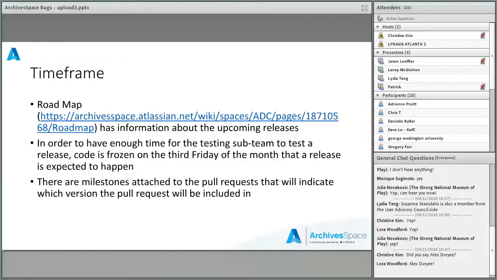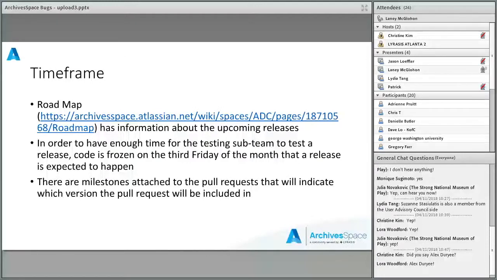So once everything's been reviewed, we have certain deadlines for each of our releases, and we try to freeze and not accept new pull requests for the next upcoming release for about 2 weeks before the release comes out. Basically, what we've been doing is releases at the last day of the month.